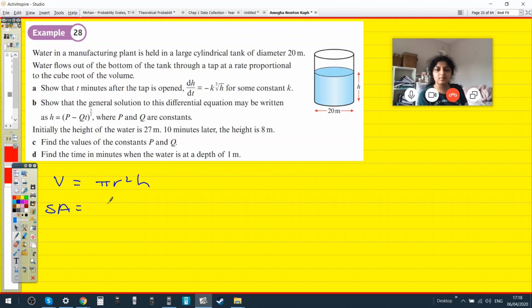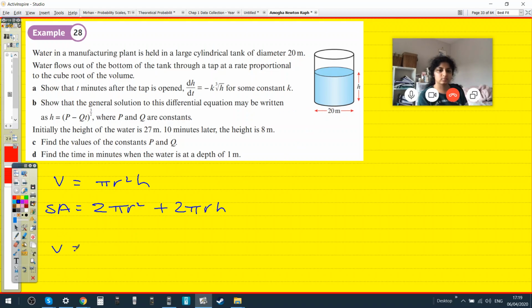Pi d times h. Squared. Oh, never mind. h. Well, two radius is the same as diameter, pi d h. That's the surface area. The radius is 10.